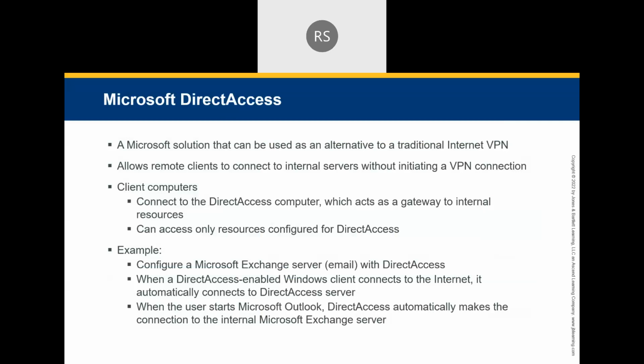When a DirectAccess-enabled Windows client connects to the internet, it automatically establishes a connection to the DirectAccess server. And when the user launches Microsoft Outlook, DirectAccess seamlessly establishes a connection to the internal Microsoft Exchange server. And it does this without requiring any additional user information.